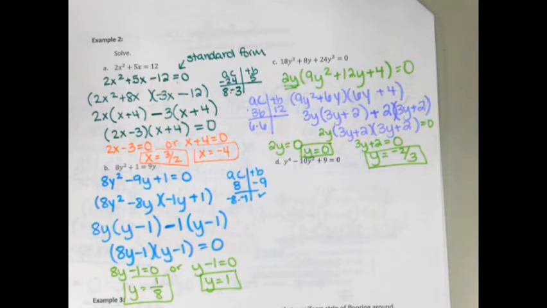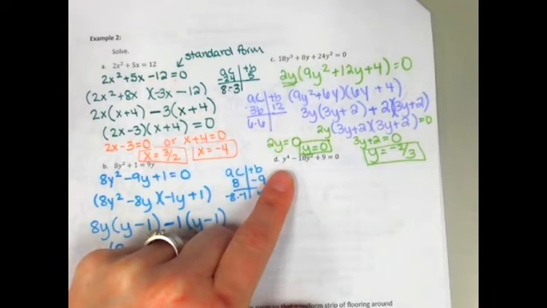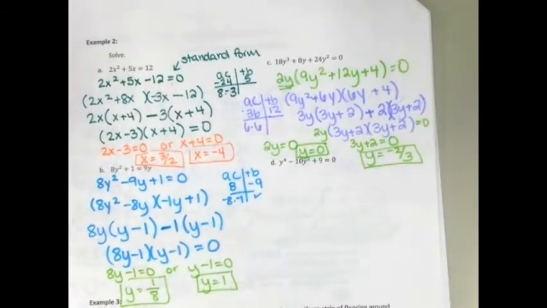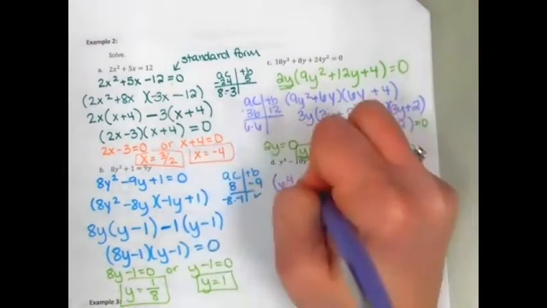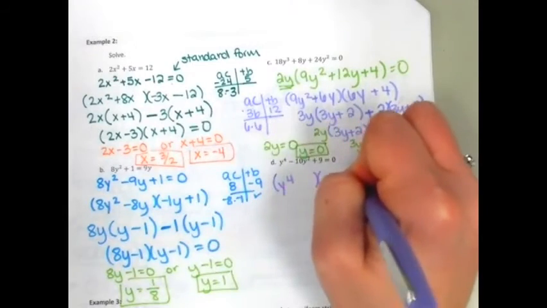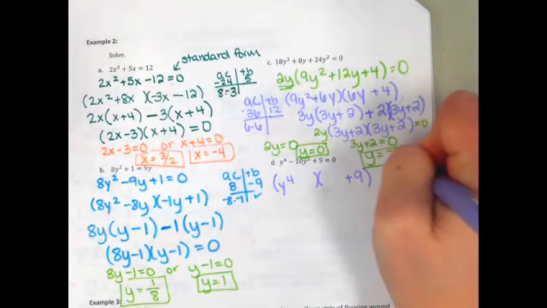Now, looking at this one, okay, you notice we have y to the 4th. We have 2 of them. Do you guys want to keep going and do this one, or do you want to go to the story problems, your guys' favorites? Do this one? Okay, first. All right. So we're going to factor by grouping. So we have y to the 4th, and we have plus 9 here. All right, so let's do my a times c that adds to be b.